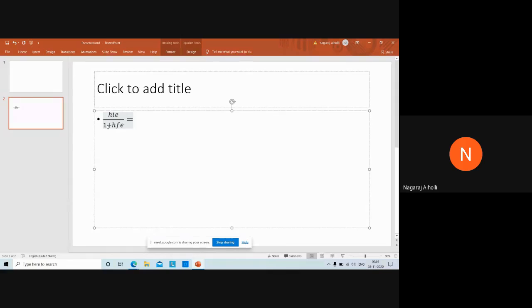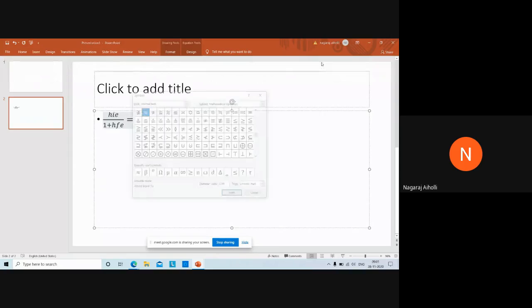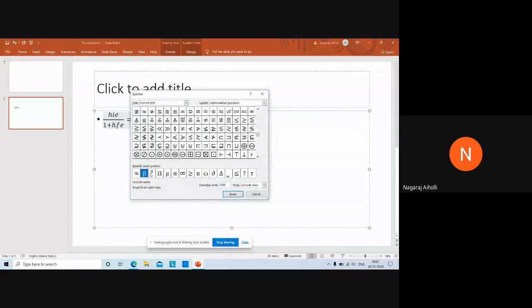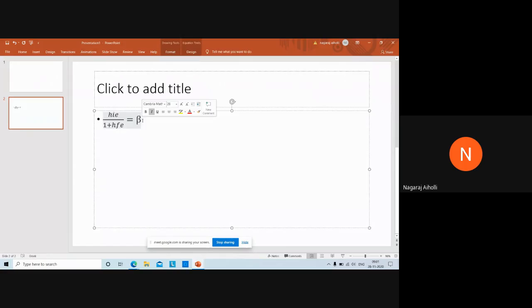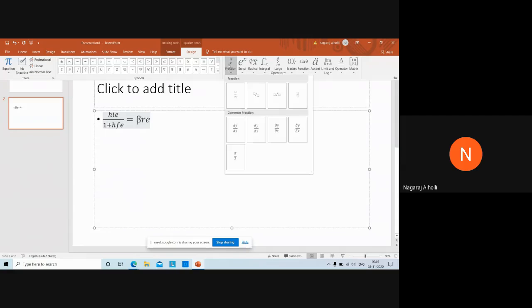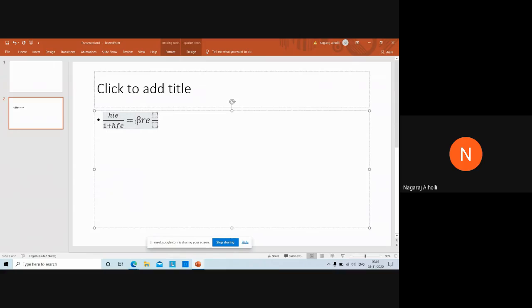HIE in the hybrid model is equal to beta RE in the RE model. Therefore, here I will write beta RE in the numerator, divided by 1 plus HFE.